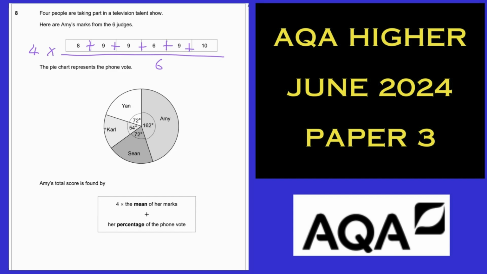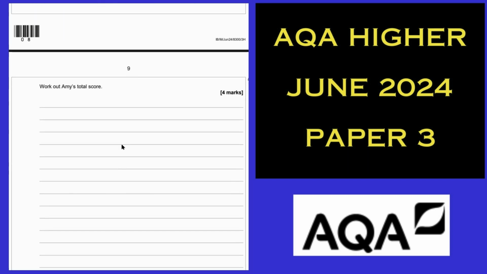We're also going to need her percentage of the phone vote. Her percentage is, well, what's the fraction of her phone vote? She got 162 degrees out of a possible 360. That's the fraction. Turn it to a percentage by multiplying by 100, and these two calculations need to be added together.